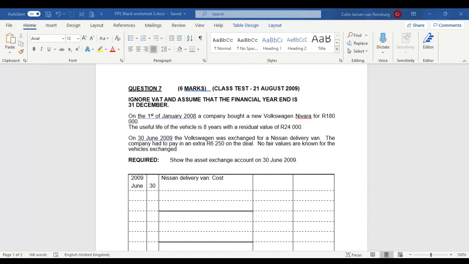So can we then stay with our basic principle of determining the purchase price as what we pay for it if we do not know what we're actually paying for it? Yes or no? No, thank you, Supercars. We do not know what we pay for it because we do not know the fair value of the Volkswagen Navara.